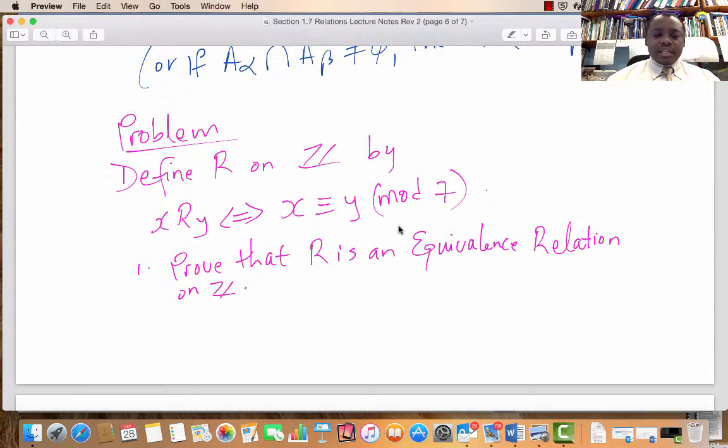Problem number 1. Define the relation R on the set of integers by x is related to y if and only if x is congruent to y mod 7. I want you to use the procedure which we used above to prove that R is an equivalence relation.